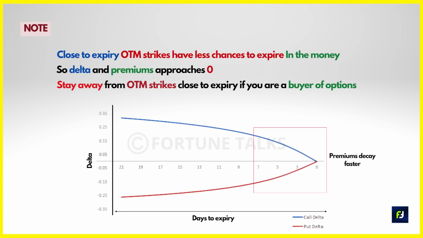As you can see, both calls and puts are at approximately plus or minus 0.25 delta with 21 days to expiration. As time erodes, there is less and less chance of both the OTMs and deep OTMs expiring in the money. So the corresponding delta for each option approaches zero as the expiration date closes in. So try to stay away from OTM strikes when you are very close to the expiry.